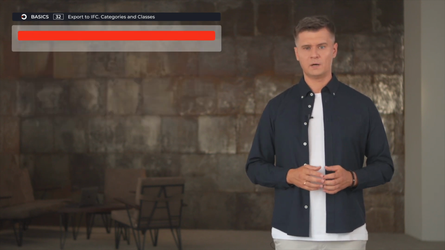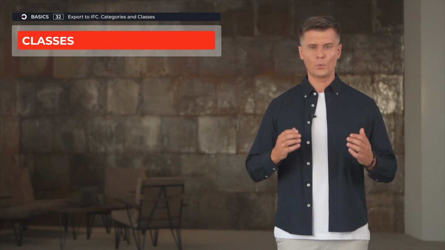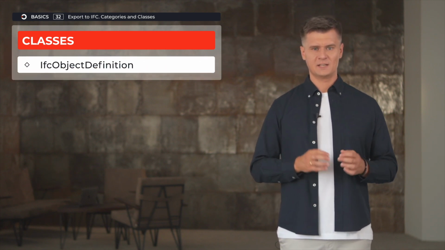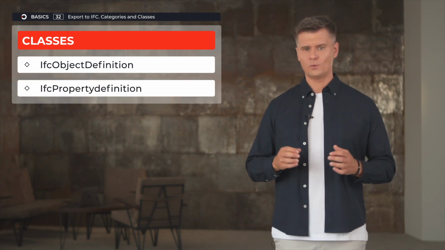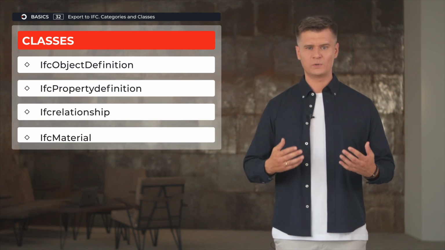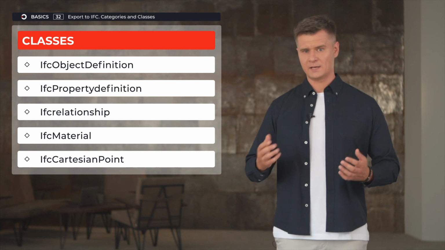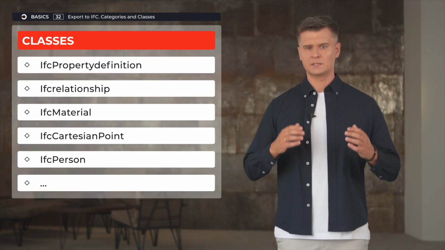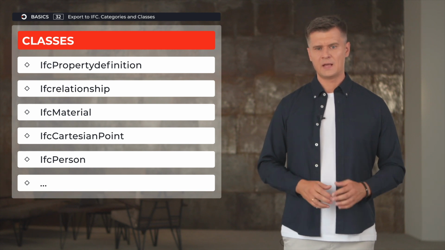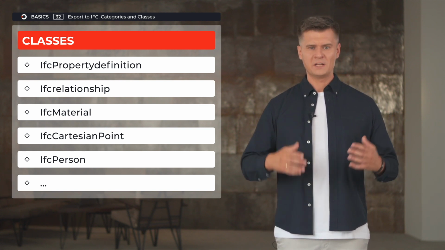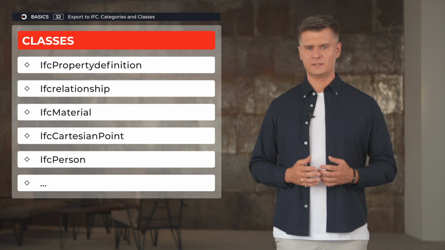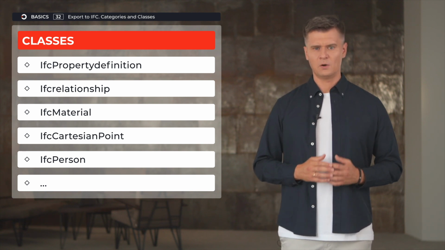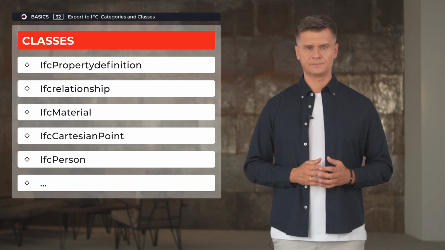When we talk about IFC classes, we should say the following. Each distinct noun, element, object, or concept that we refer to is called a class in IFC. Similar to classes in software development, IFC classes may form chains of inheritance, inheriting the attributes of the parent classes.